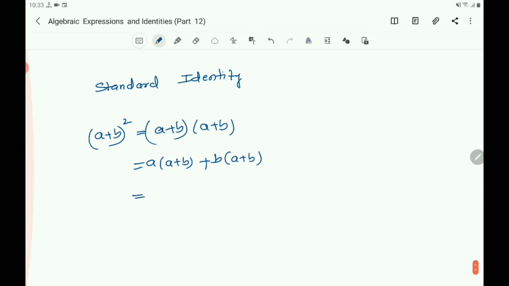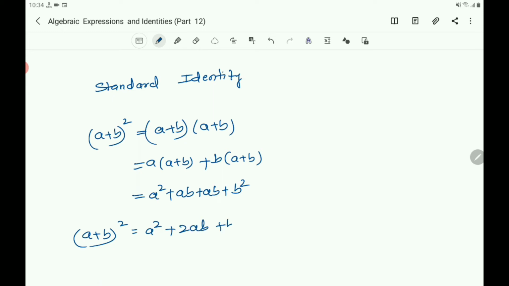A into a, you will get a square, plus a into b, ab, plus b into a, ab, plus b into b, b square. So you got that a plus b whole square equals a square plus ab plus ab is 2ab, plus b square.